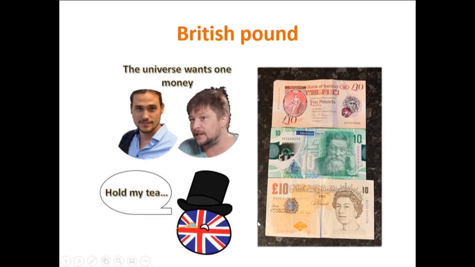When I was in Northern Ireland, I found out that not only the people in Ulster have their own version of pound sterling, but every bank in Northern Ireland prints their own currency. So you have dozens of versions of money, which look different, but they represent the same thing.